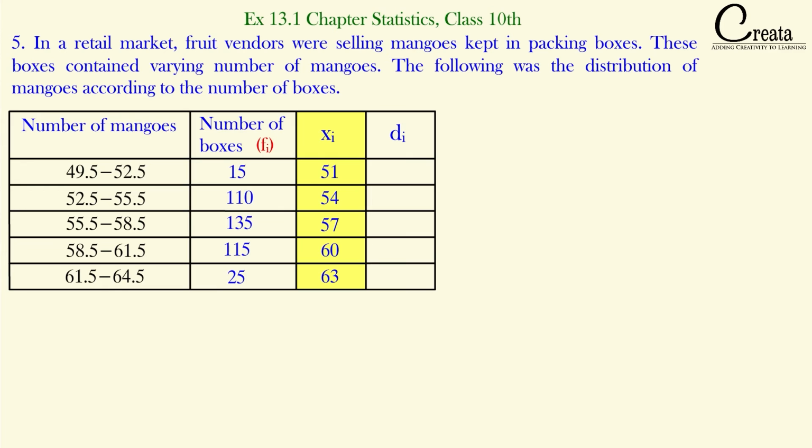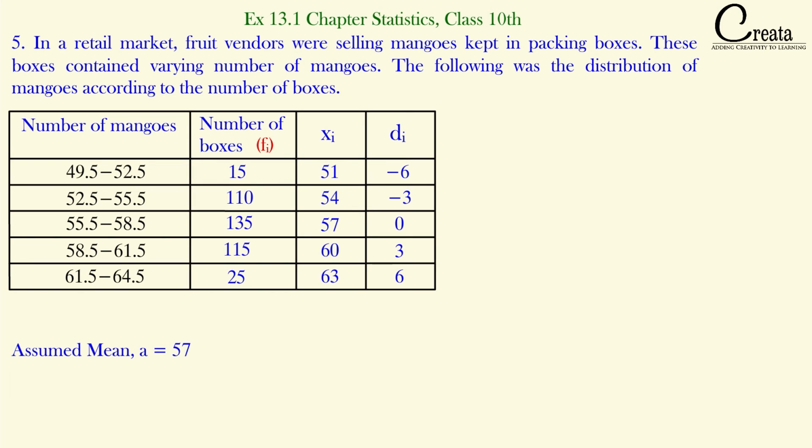Here if you observe all these xi values, the middle point is 57, which we generally denote as the assumed mean, that is A. We subtract this assumed mean from all the values of the observation xi to get the deviation, which is di. On solving, we got the values of di as -6, -3, 0, 3 and 6.